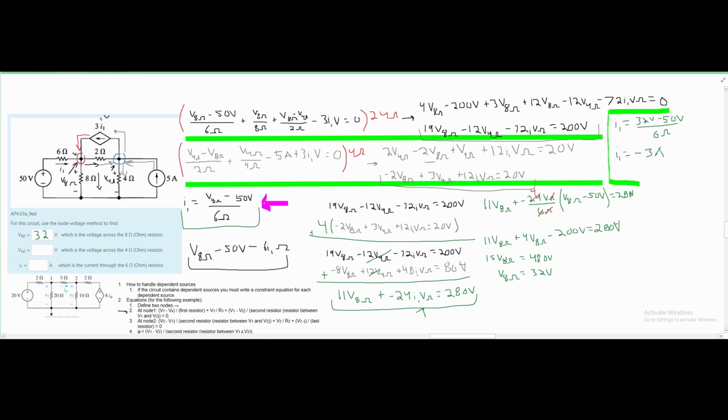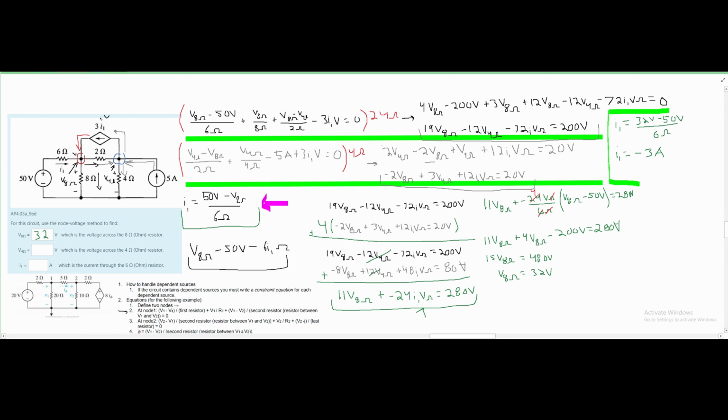My mistake is that there is a negative right here, and there shouldn't be because I actually looked at this incorrectly. When we have our I1 equal to these two things, we don't want to be subtracting our 50 volts from this V8 ohms right here. We want to do it the other way around. We want to have 50 out front. So this is 50 volts and this is V8 ohms right here.